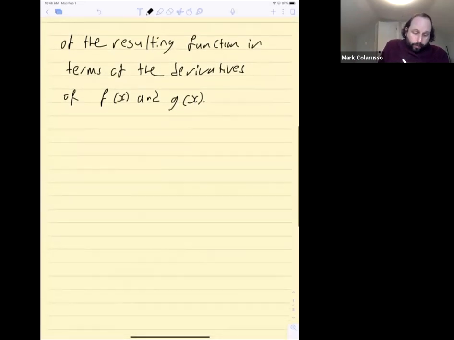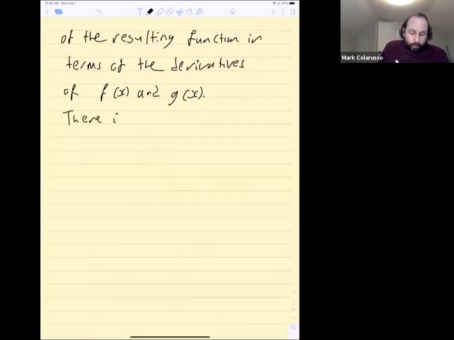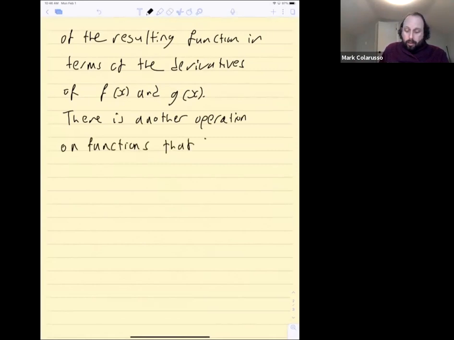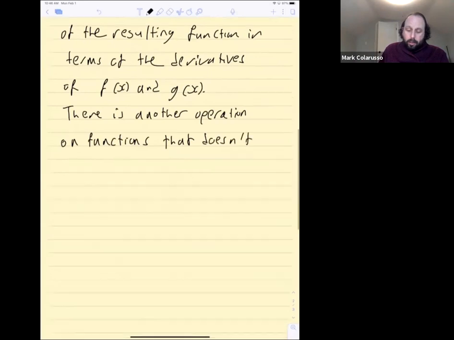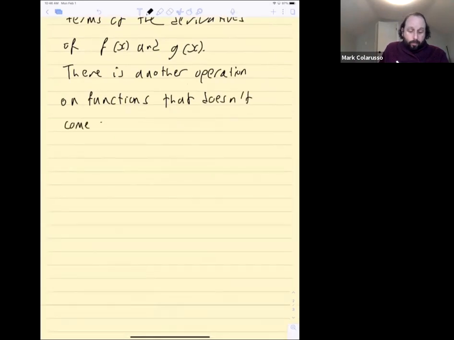Okay, so there is another operation on functions that doesn't come from algebra, which is called composition.